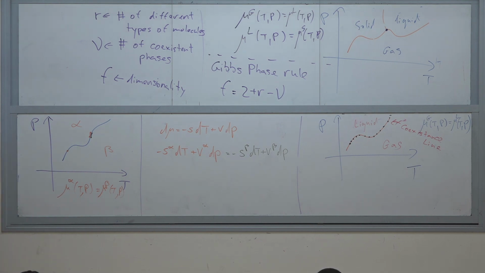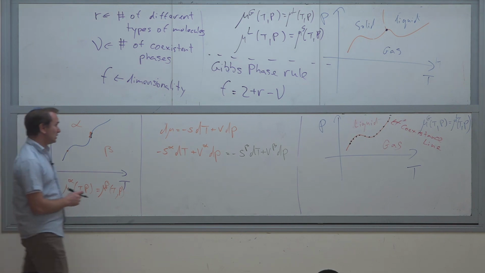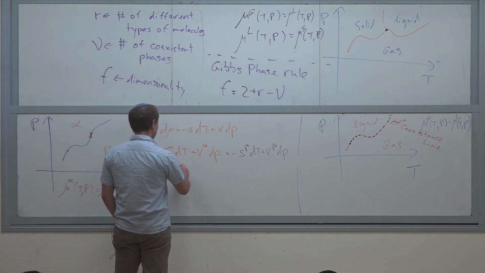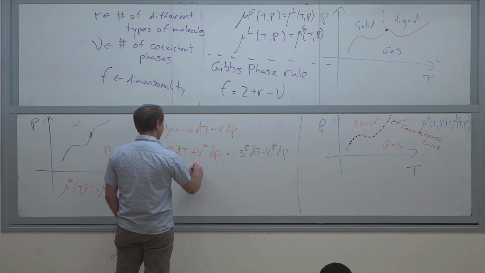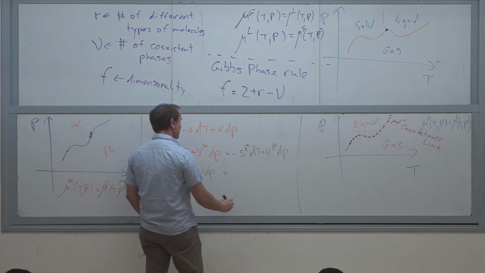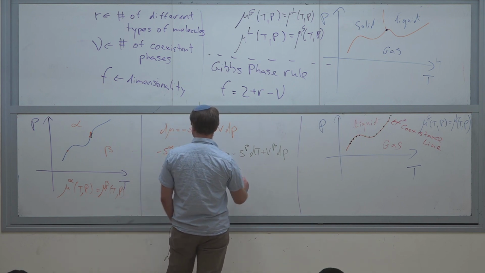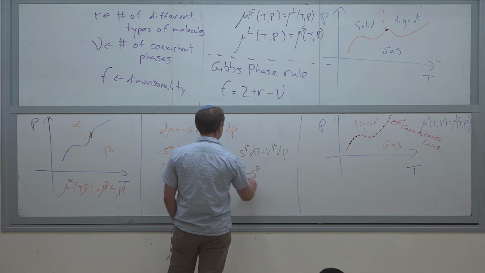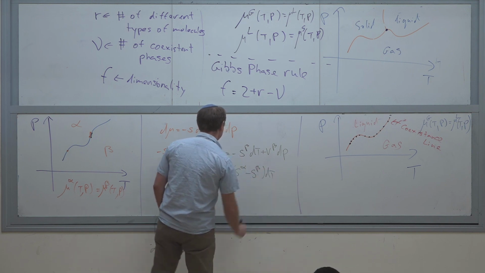Now let's rearrange everything. So what we have? V alpha minus V beta multiplied by dP equals S alpha minus S beta multiplied by dT.